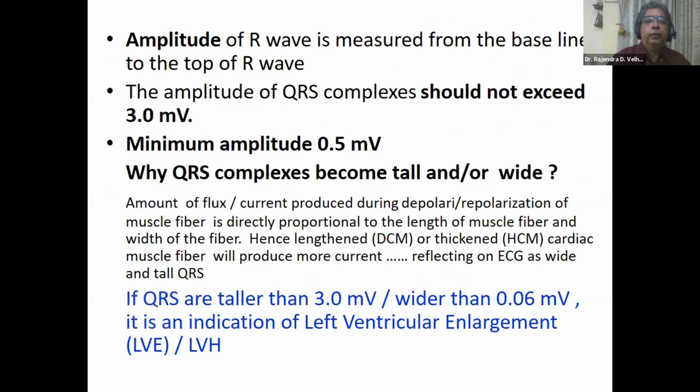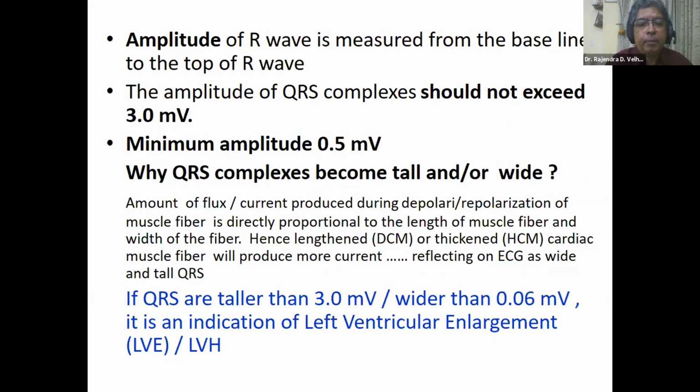Now, the amplitude of the R wave is measured from the baseline to the top of the R wave. The normal amplitude of the QRS complex of the dog should not be more than 3 millivolt, and it should not be less than 0.5 millivolt.